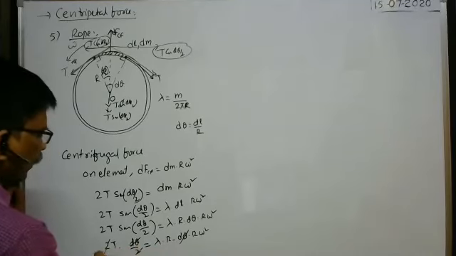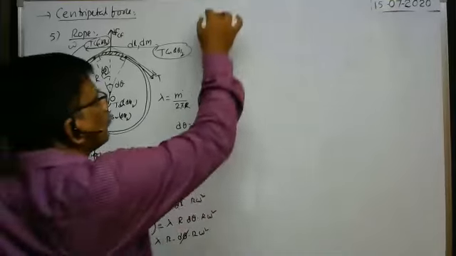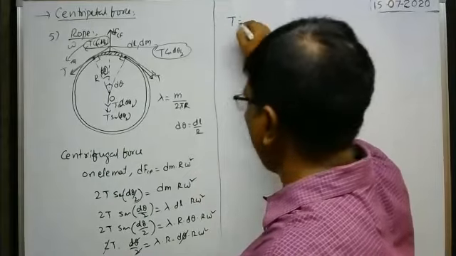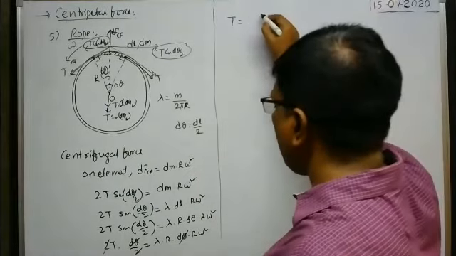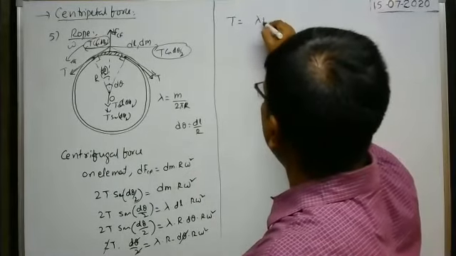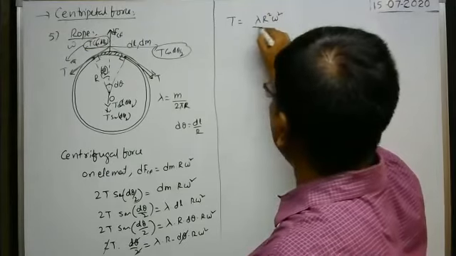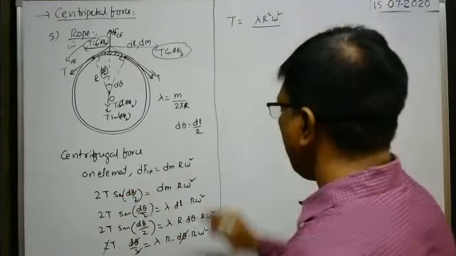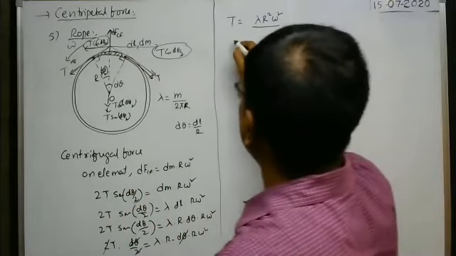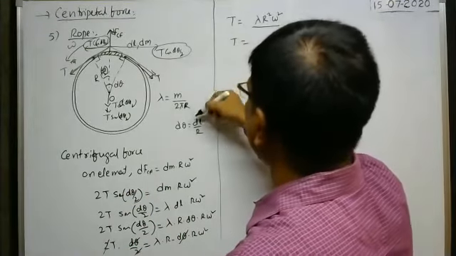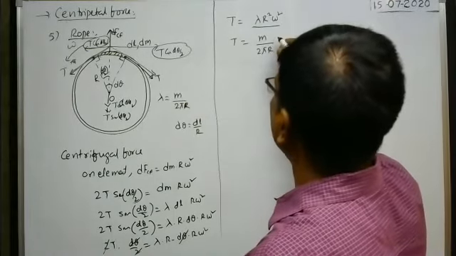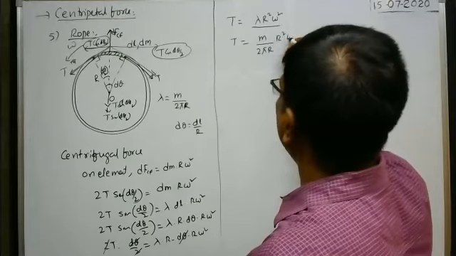Then tension T, because they asked for tension, is equal to lambda r square omega square. Therefore T is equal to, lambda means m by 2 pi r, into r square omega square.